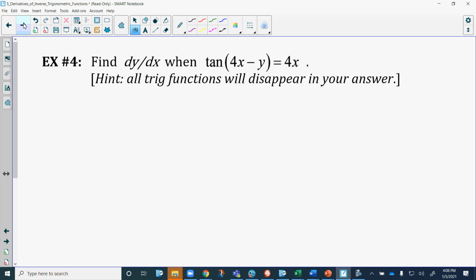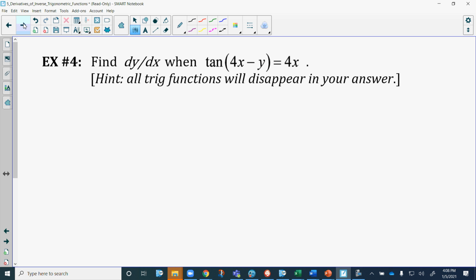Now taking a look at this next problem here, this one looks like it's going to be a little bit tricky because, first of all, we don't have an inverse trig problem, which in this case would be tan inverse. If we're trying to do anything where we're taking the derivative, it can't be inside of the parentheses like it is here.